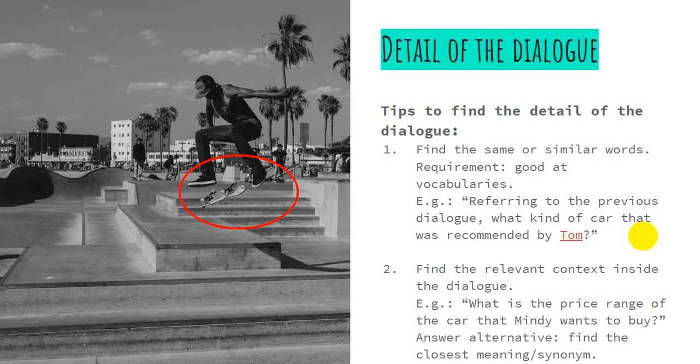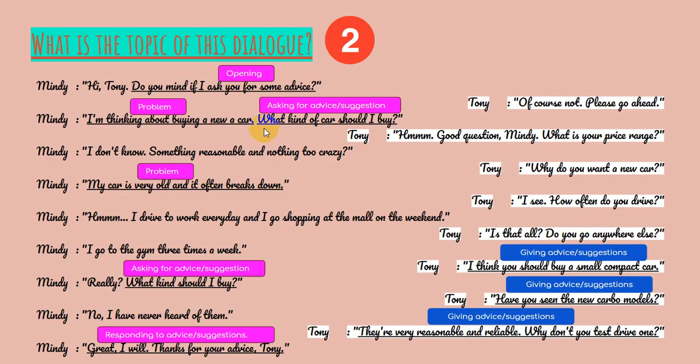But the thing is, Mindy said something reasonable and not too crazy. Okay, what does it mean by reasonable and not too crazy? Let's go back. Here, something reasonable and nothing too crazy. What is the price range? Find the same word, price range, and then the answer, reasonable and nothing too crazy.